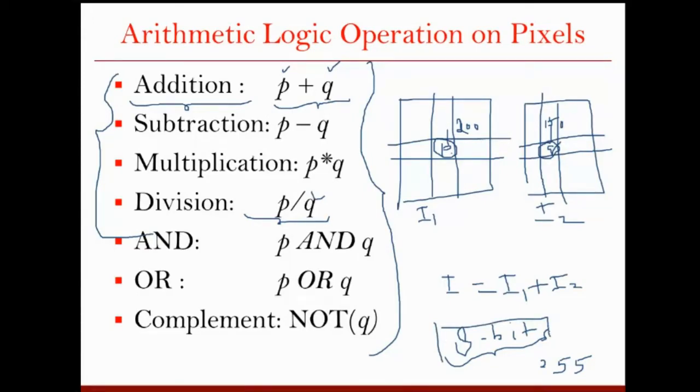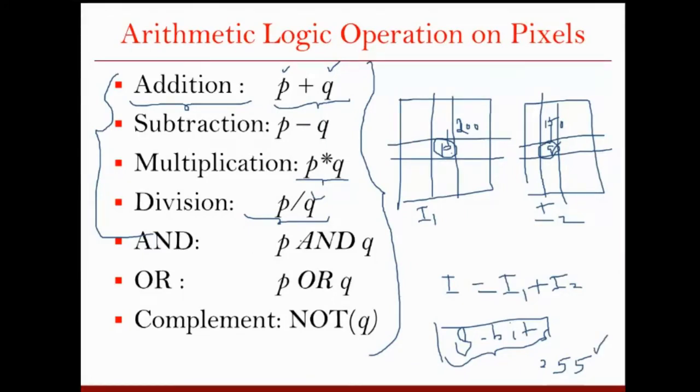Similarly, when you are doing subtraction P minus Q, the value may not go beyond 255, but the value may be negative. So what to do in those cases? Very often when you are computing P into Q, the value will be very large, more than 255.